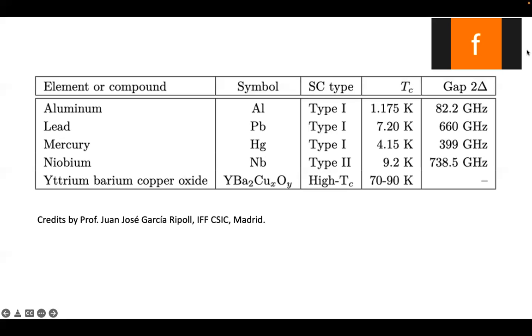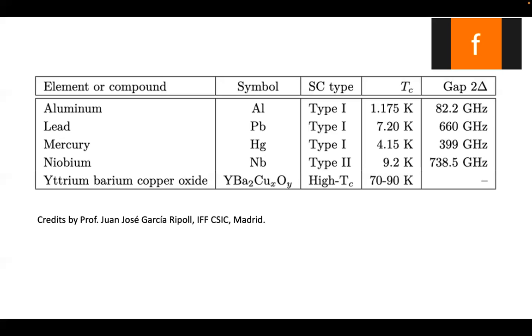This is why experimentalists choose aluminum and niobium, because, using lithographic techniques, you can really draw any circuit you want. You can really build an inductor, a capacitor, a junction using those materials.